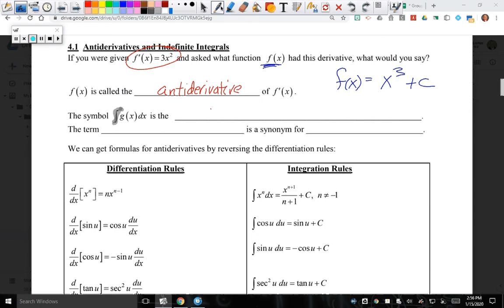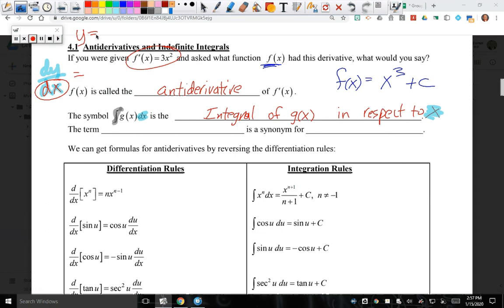This symbol right here means the integral. The way we read it, it's the integral of g of x in respect to x. This in respect to x business is right here with this dx, just like what we used to do with derivatives as dy dx. That means in respect to. Our function that we were given back when we were doing easy derivatives had to be written in terms of x for us to be able to derive in respect to x.